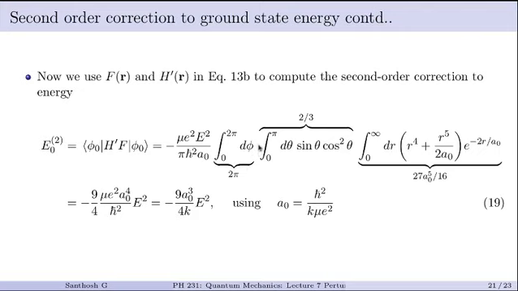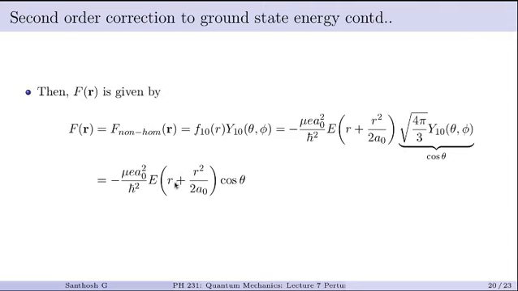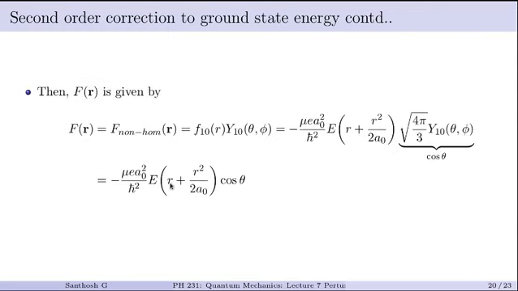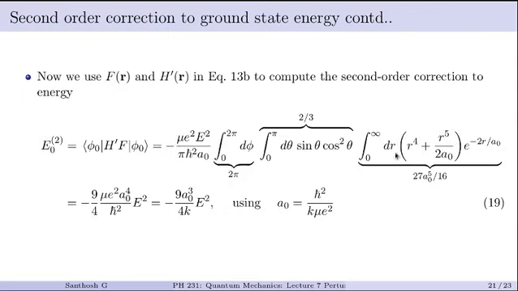Now the d phi integral has no other term with phi dependence, and therefore it simply evaluates to 2 pi, and the theta integral is simply this, which is equal to 2 by 3, and the integral over r will now have this form, where an r square comes from the integration measure in spherical polar coordinates, and there will be this term r plus r square by 2a0, and multiply that with r square from the integration measure, and an r from h dash.